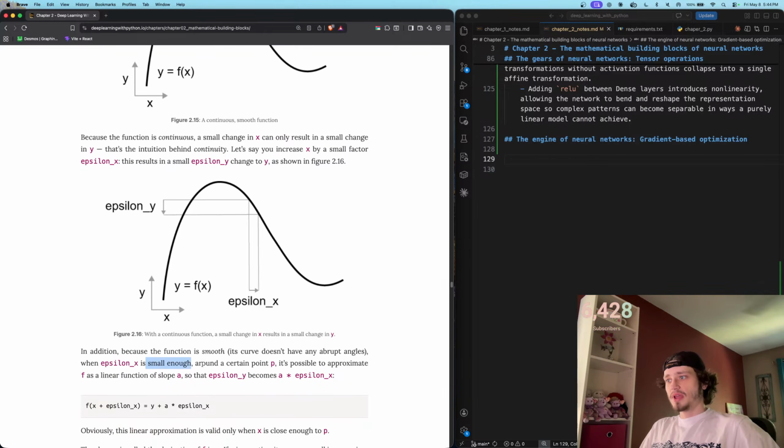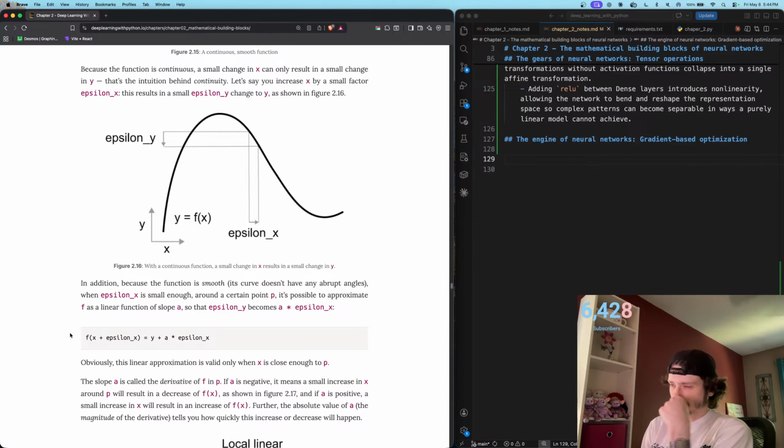When epsilon x is small enough around a certain point P, it's possible to approximate f as a linear function of slope a, so that epsilon y becomes a times epsilon x.